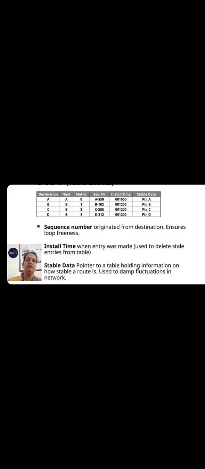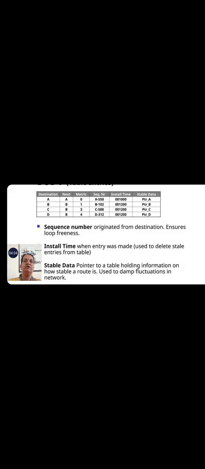If D is included, depending upon the cost, the number of hops is calculated automatically and updated in the routing table. So D is the destination node, the next node will be B, from A we are considering it, and the total number of hops required is 4.